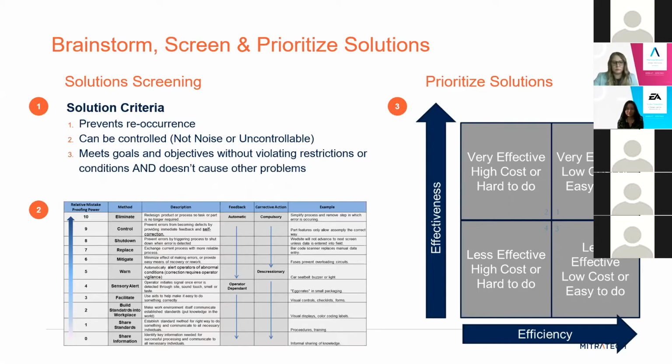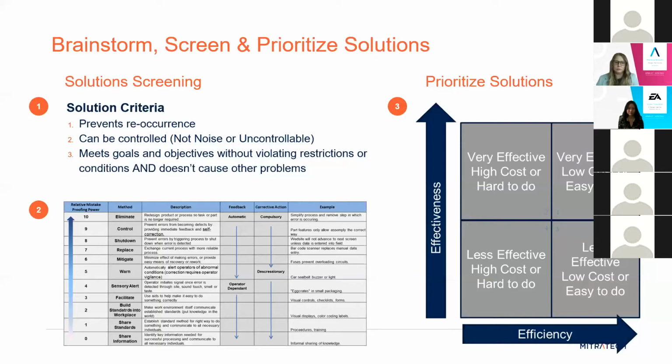So the first question I ask the group, and again, I just ask them to self-regulate. I put this on the whiteboard and I say, okay, look, if you put a sticky up there for a solution, ask yourself, does it check all three of these boxes? Does it prevent reoccurrence? Is it something we can control, right? Or is it like weather or humidity or something crazy we can't control?